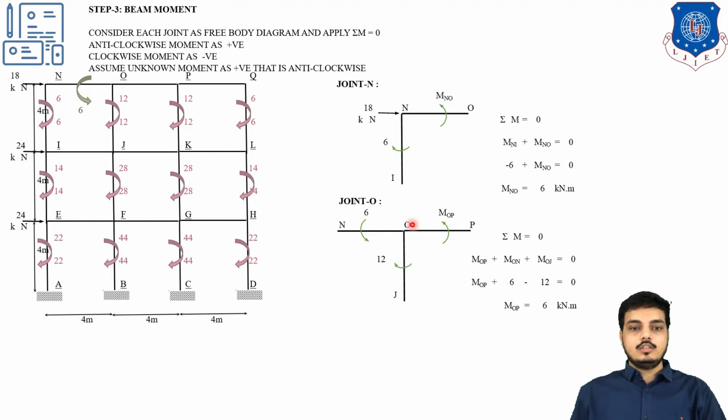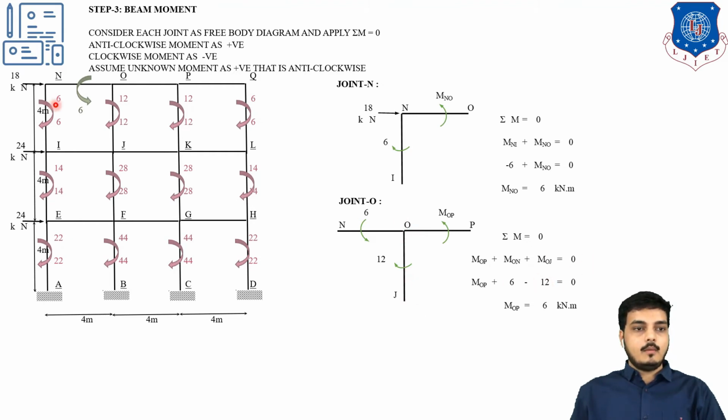Now we will take out the junction O. So adjoining members are O to N, O to P and O to J. Now look, at this junction we will take summation of moment equals to 0. So MOP plus MON plus MOJ equals to 0.